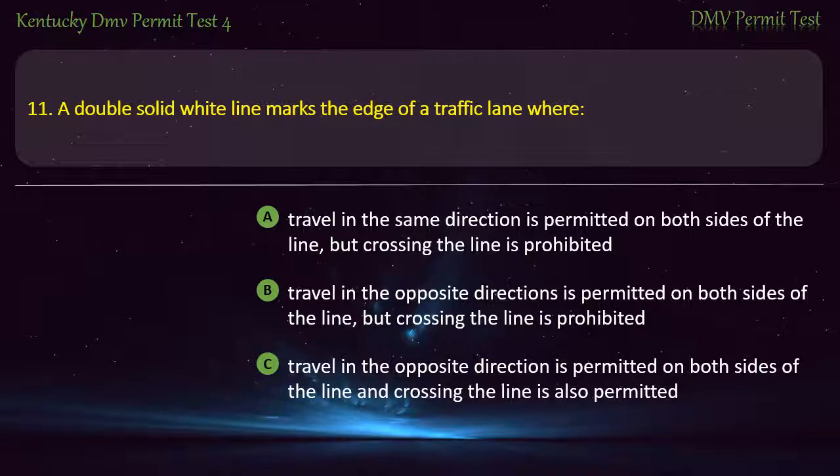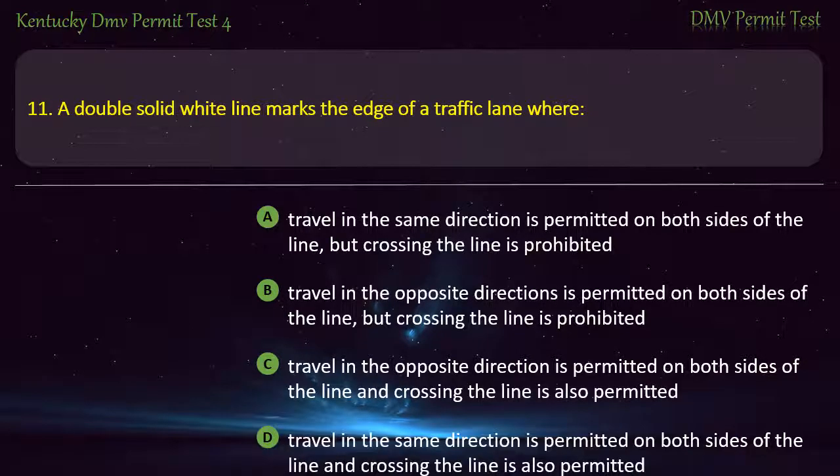Travel in the opposite direction is permitted on both sides of the line and crossing the line is also permitted. Travel in the same direction is permitted on both sides of the line and crossing the line is also permitted. Answer. Travel in the same direction is permitted on both sides of the line, but crossing the line is prohibited.